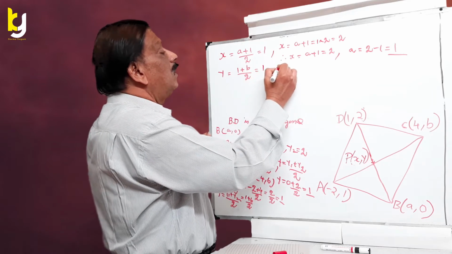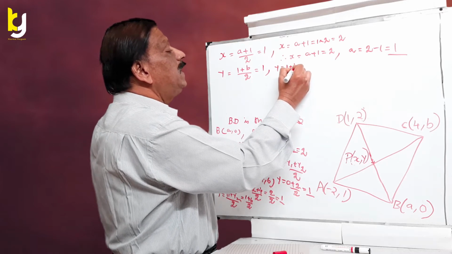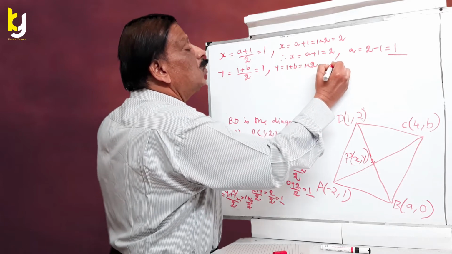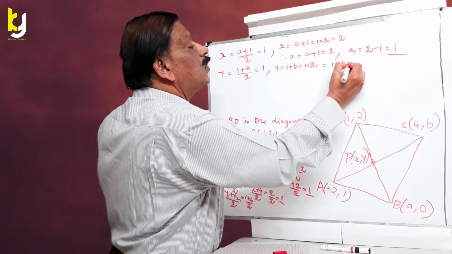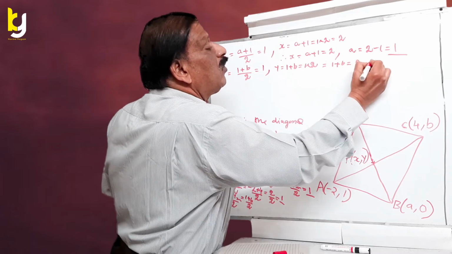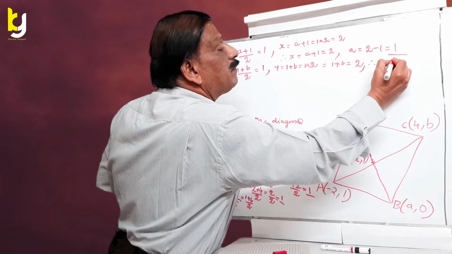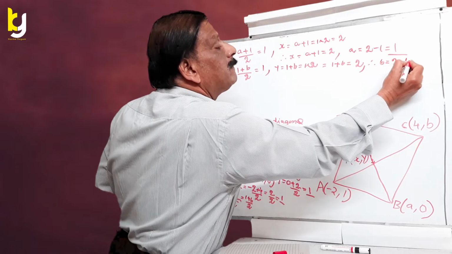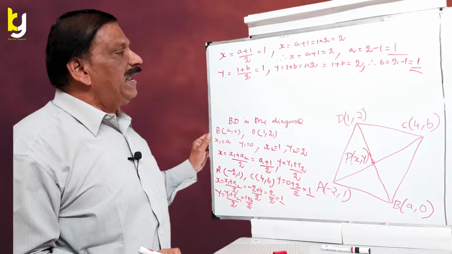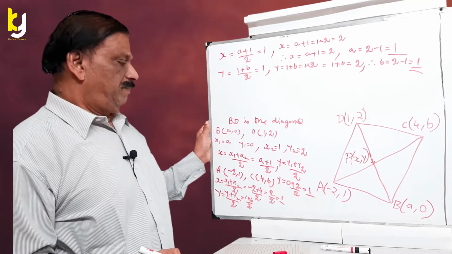That is 1 + b equals 1 into 2, that is equal to 2. Therefore b equals, bring 1 to the right hand side, 2 minus 1, that is equal to 1. We get the values of a and b: a is equal to 1, b is equal to 1.